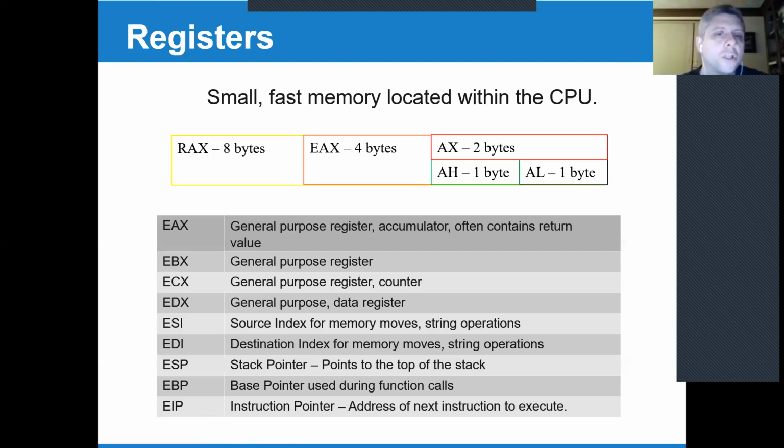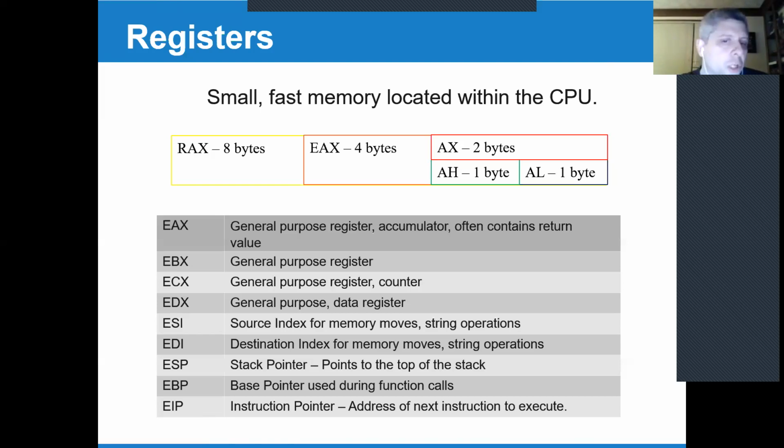So if you go to a function that you don't know what it does, you can always just step over that function and then look at EAX to see what's in that register, if it's data, if it points to a memory block, or so on, and that can give you an idea for what that particular function did. EBX is a general purpose register, meaning it's typically used for anything.